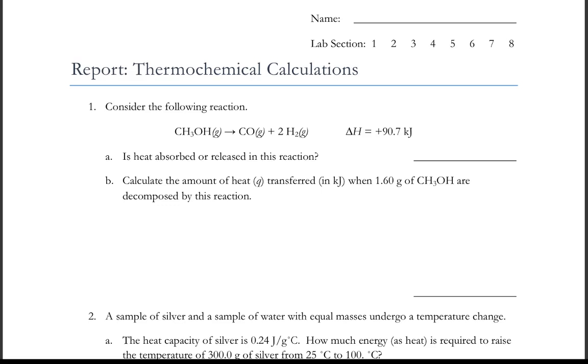So what that delta H means is 90.7 kilojoules are required per mole of CH3OH. And so that is a conversion. So what you have to do is go from grams of CH3OH to moles of it. Then you can use the delta H as a conversion.